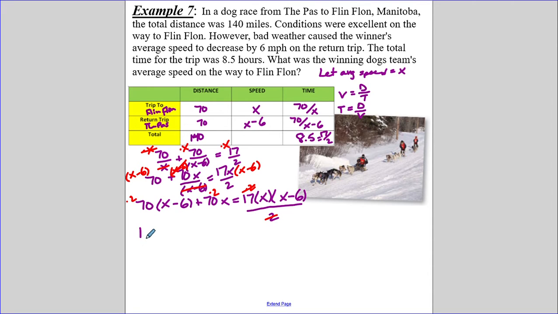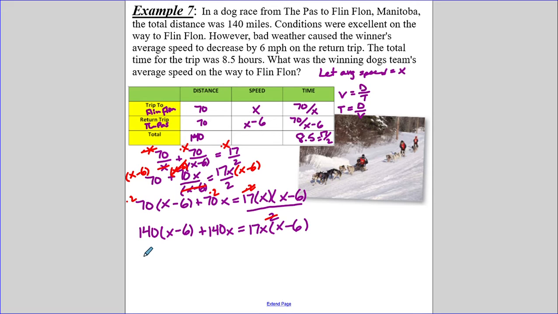I'm going to write again what I have left over. So here I've got 140 times x minus 6 plus 70 times 2, which gives me 140x, equals 17x times x minus 6. So it looks like I've got some fairly large numbers to work with, and we need to start to simplify this out.